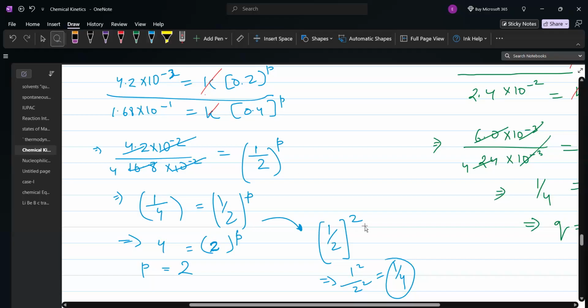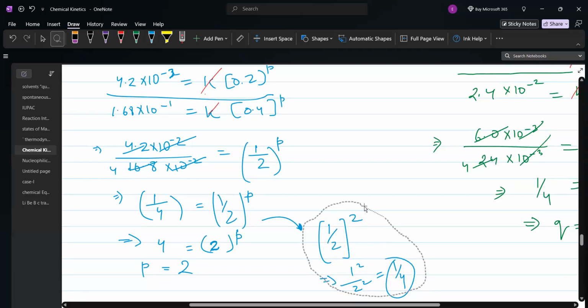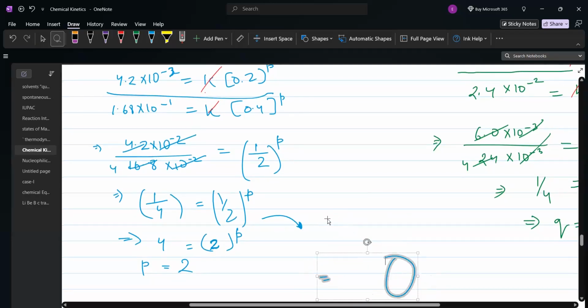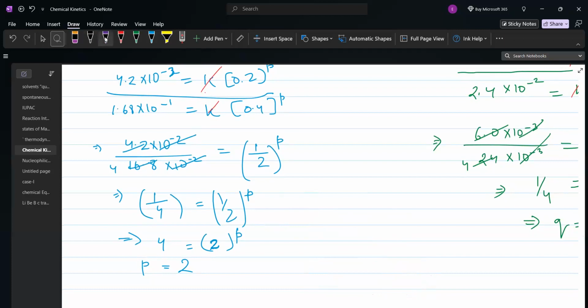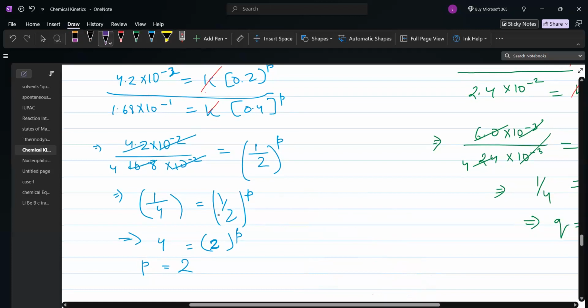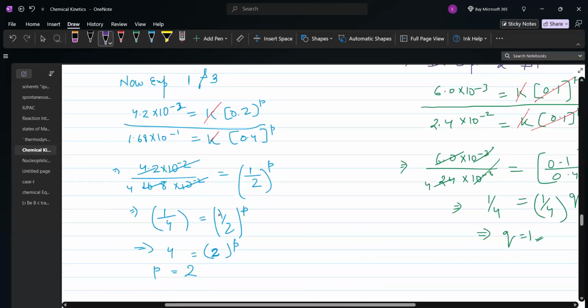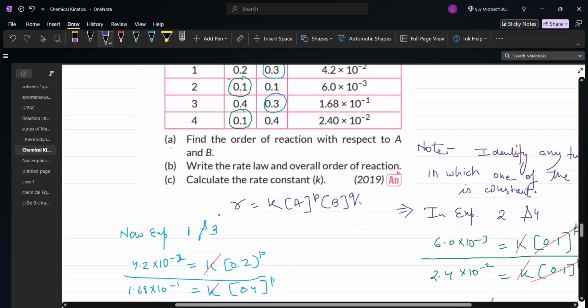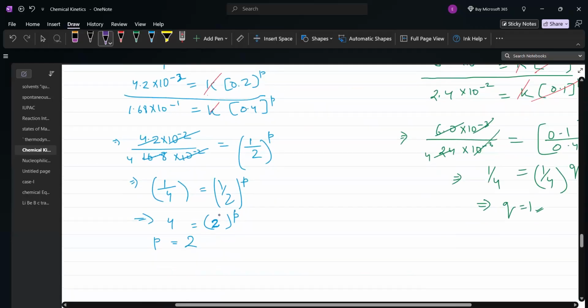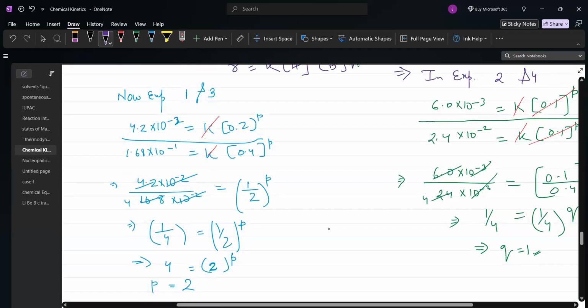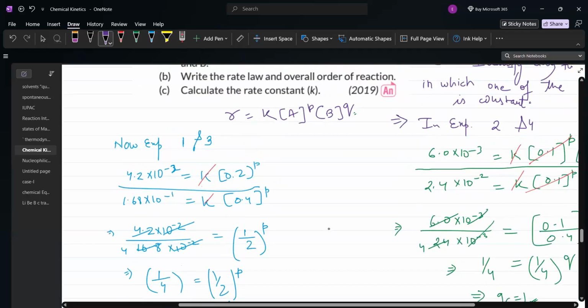Got my point? Yes, sir. Kindly note this down. The question was the order of reaction with respect to A and B. So it is 2 and 1 respectively, right?